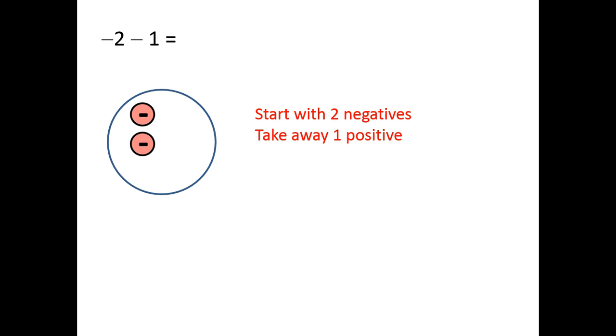So we'll add to the field plus minus pairs until we have 1 positive chip in the field. And now we can take away that one positive chip, which would leave us with 3 negative chips. So negative 2 minus 1 is negative 3.